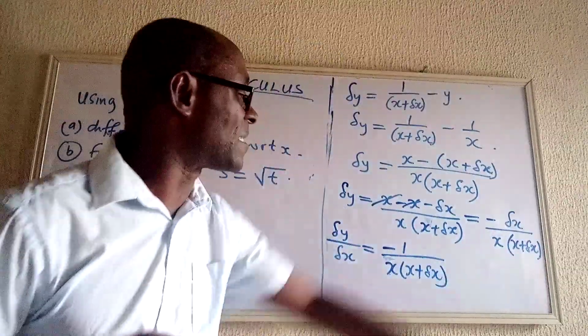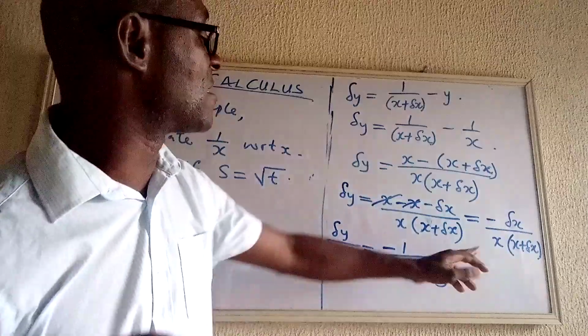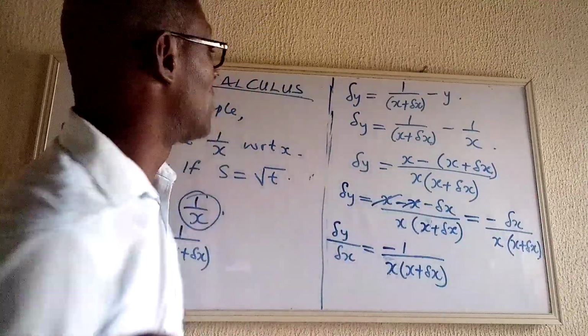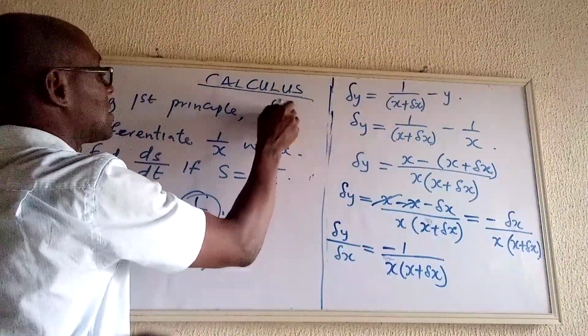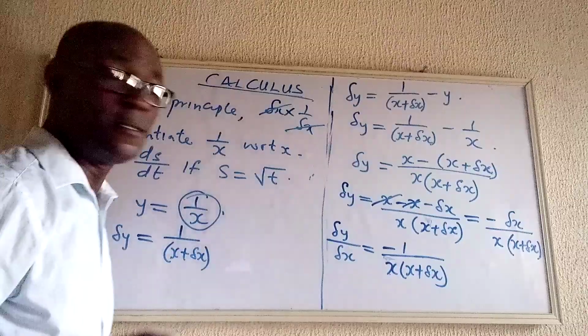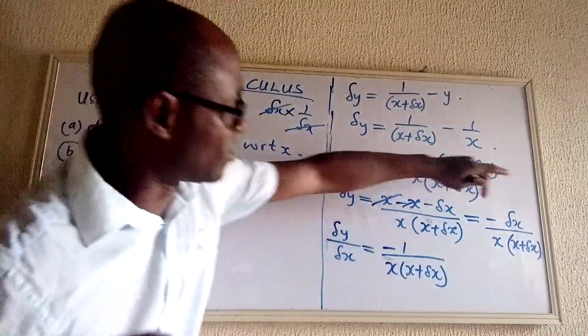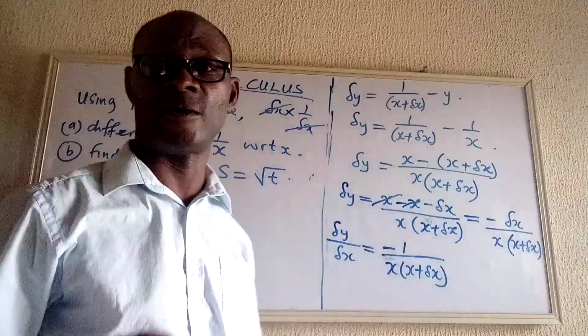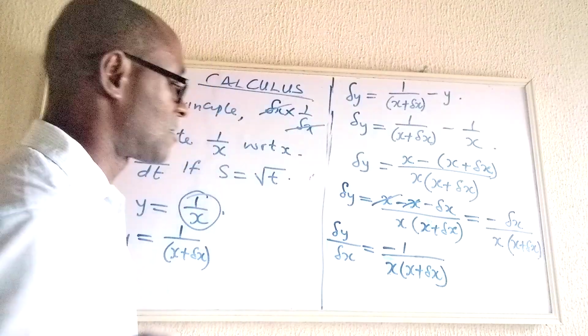I have divided this side by delta x. You know, dividing by delta x is the same thing as multiplying by 1 over delta x. And delta x times 1 over delta x, so delta x will cancel delta x. That's why we have 1 here, because this delta x will cancel out the delta x we are dividing with on the other side. All right.